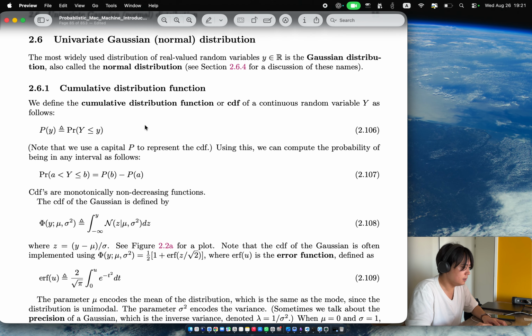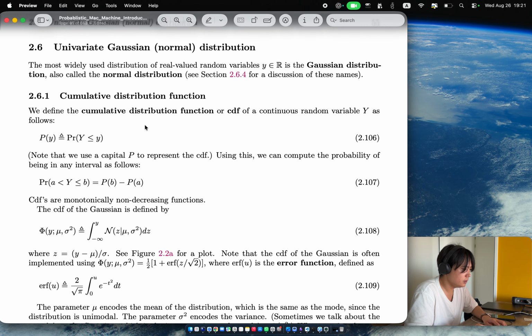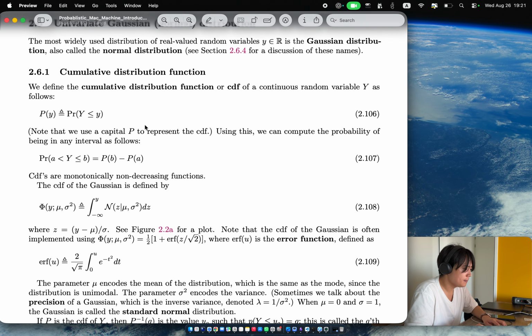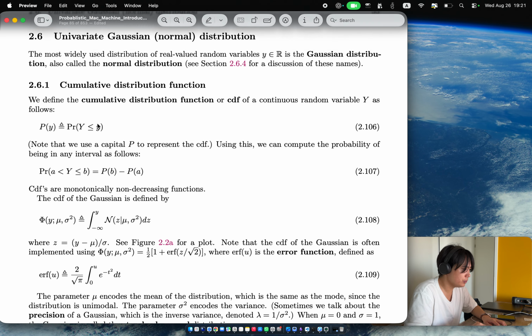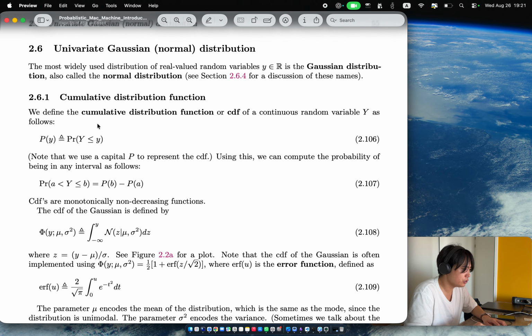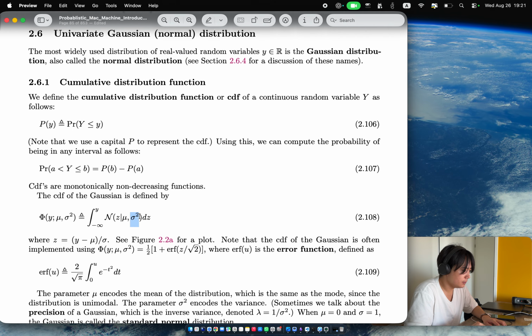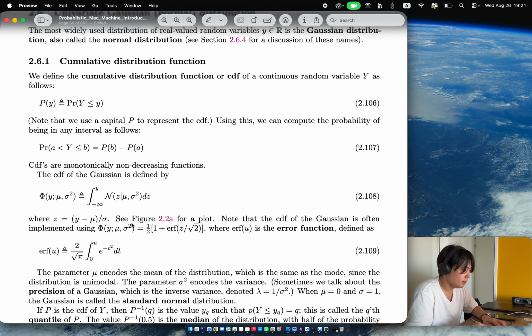So the cumulative distribution function is a specific function. The Gaussian distribution here also has the parameters mu and sigma squared, that is to say, it has a mean and a variance.